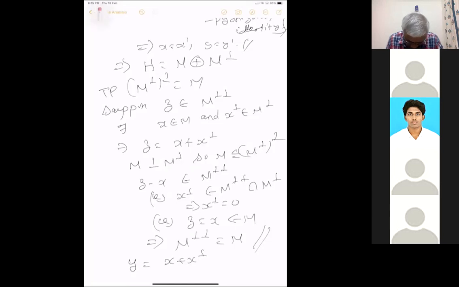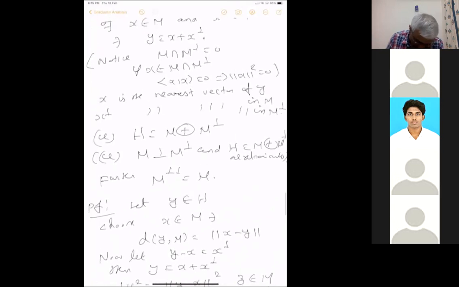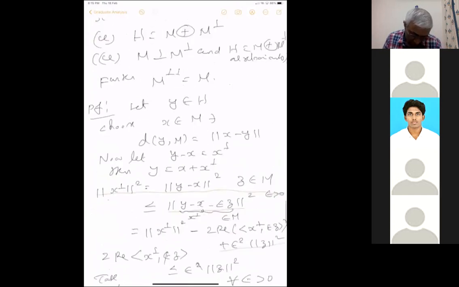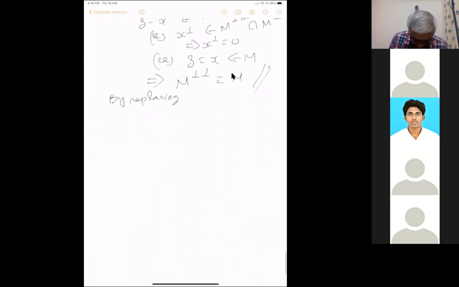Yes. So we are starting the other way, right? Exactly, by replacing. This is because we have proved m double perp equal to m. Then we will get something in m double perp that is equal to m. I assumed m is closed. That's very important. This is true only if it is a closed subspace.